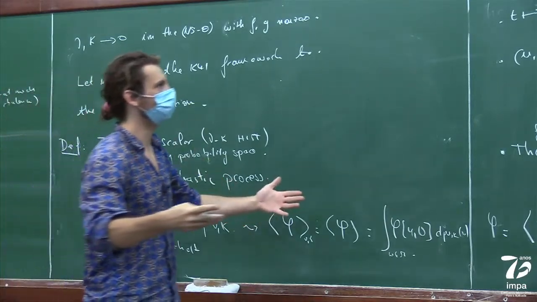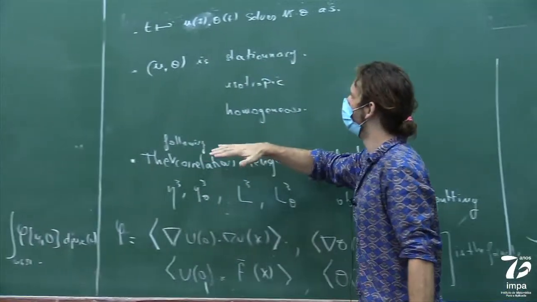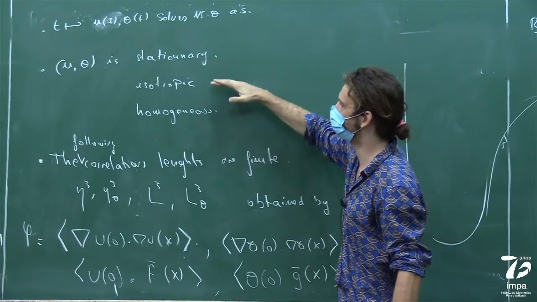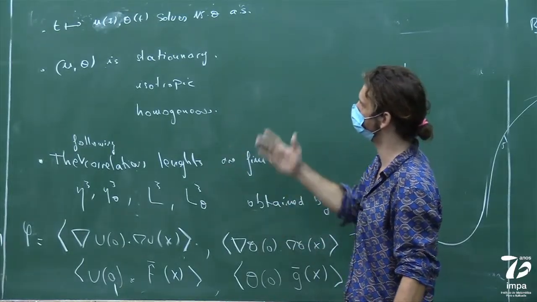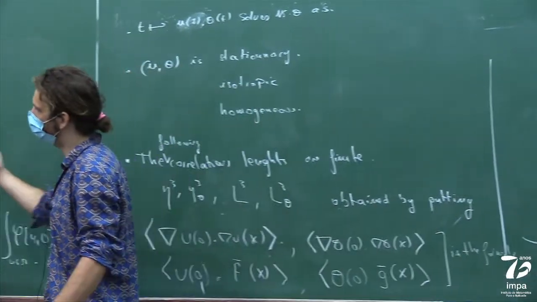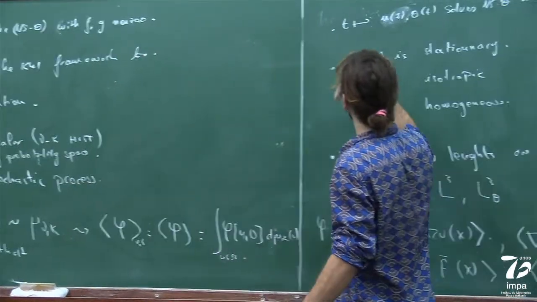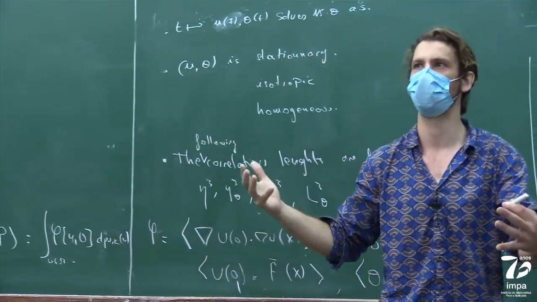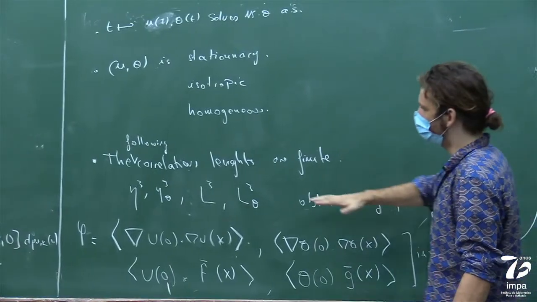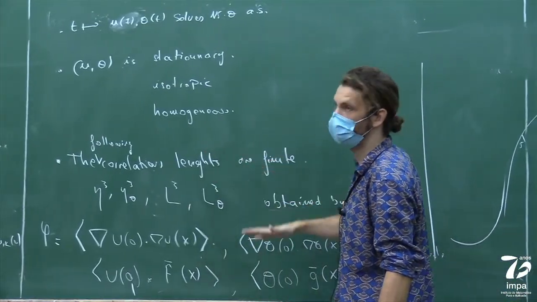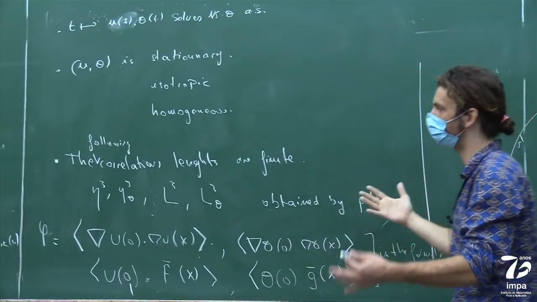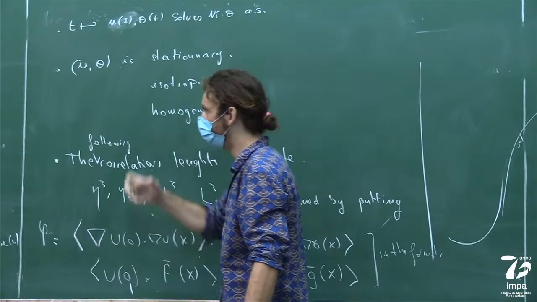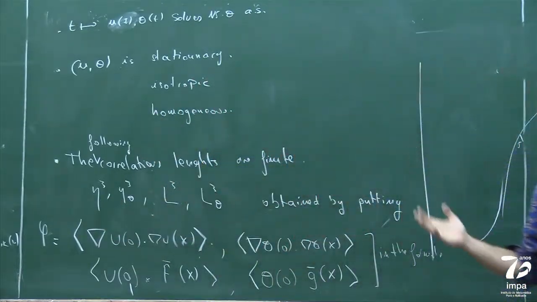The hypothesis that I make is that this law is invariant under time translation. Statistically, it's isotropic and homogeneous, invariant under rotation, invariant under space translation. And basically, the connection to the NS theta equation is that any realization of this process solves the NS theta equation. Then in order to have something which looks like what we are going to see, we need to introduce some correlation length related to the gradient of each equation and the forcing of each equation.